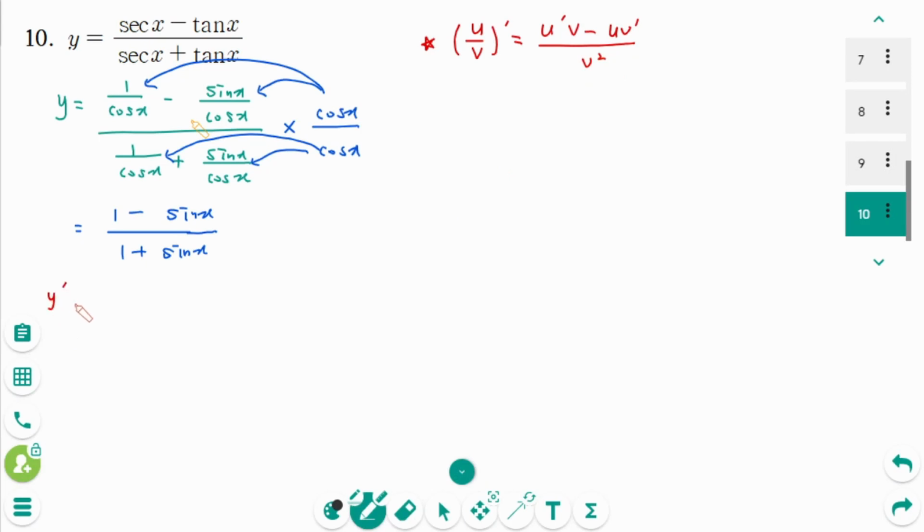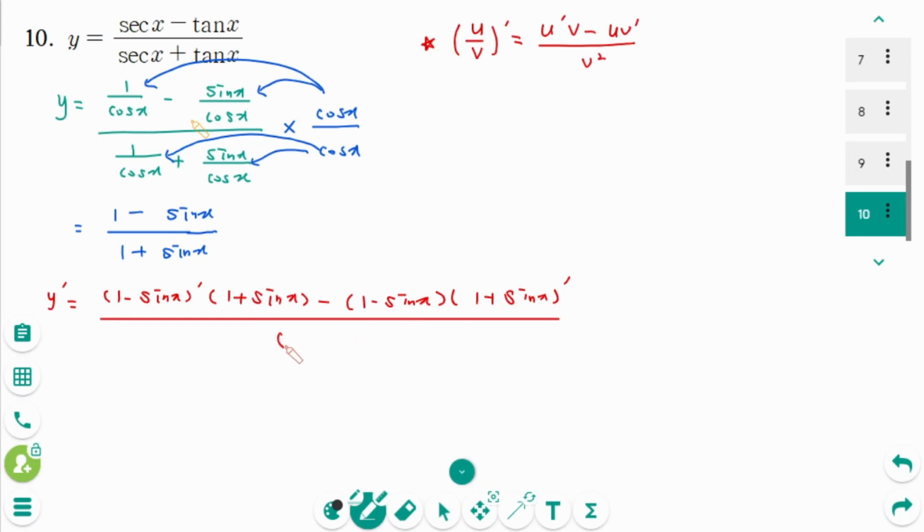Then y prime equals 1 minus sine x prime times 1 plus sine x, minus 1 minus sine x times 1 plus sine x prime, over 1 plus sine x squared equals 1 prime is 0, then minus sine x prime equals minus cosine x.